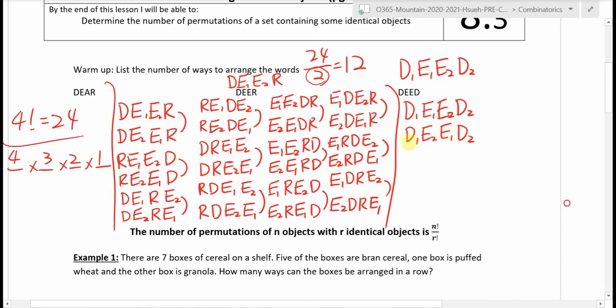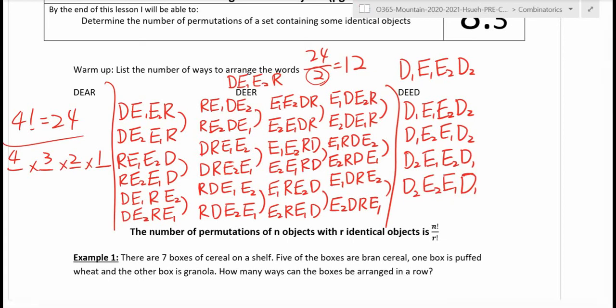Or I can switch the D's, so then I have D2, E1, E2, D1, or D2, E2, E1, and then D1. That's all the ways you can arrange the word deed using these labels. Now notice you have 4 of these. So for every single deed, there are 4 different ways to arrange them.